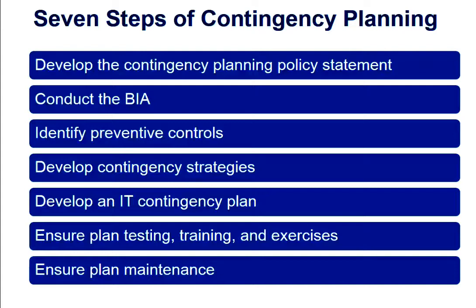Number 4, create contingency strategies. So basically, what's your strategy going to be if this happens, if that happens? What are we going to do? If server A goes down, then server B is its redundancy failover.